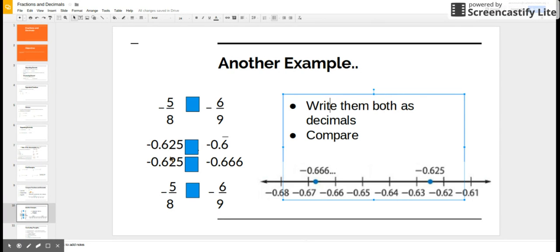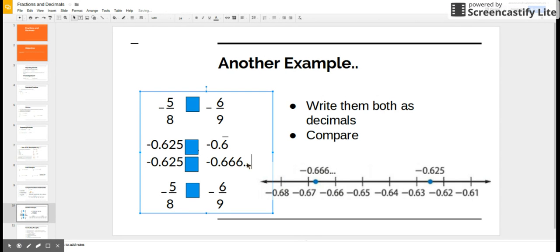So I'm going to make sure that both of them now have 3 place values past the decimal. So I have negative 0.625 here and negative 0.666. And I'm going to add the 3 dots at the end so I know that it's repeating. Okay, well now I can compare. I have negative 625 thousandths, and here I have negative 666 thousandths.